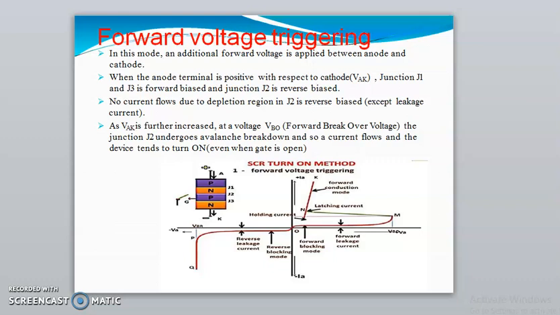The depletion layer will vanish completely, and with the increase in the temperature to a certain value, a situation will come that the reversed bias junction will collapse completely and it will allow the SCR to conduct. This method of triggering the SCR by heating is nothing but the voltage triggering method.